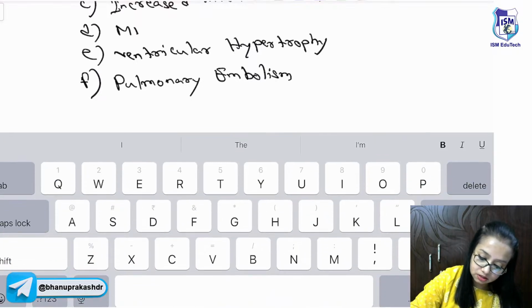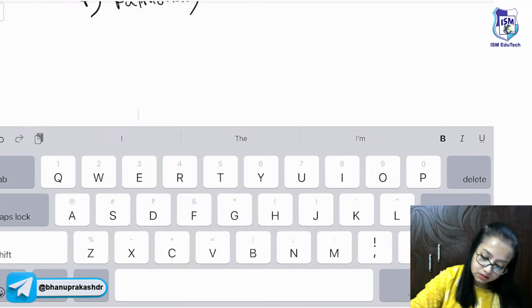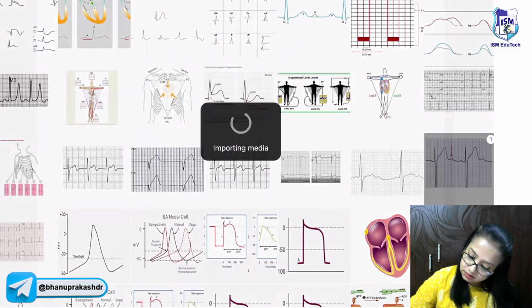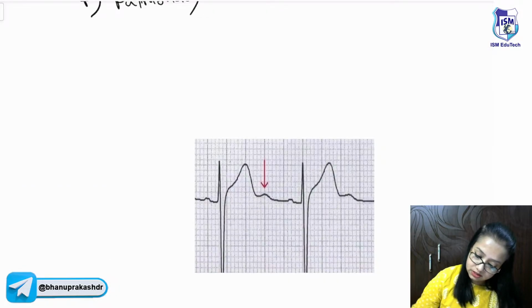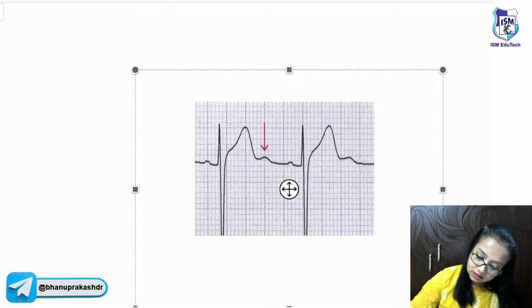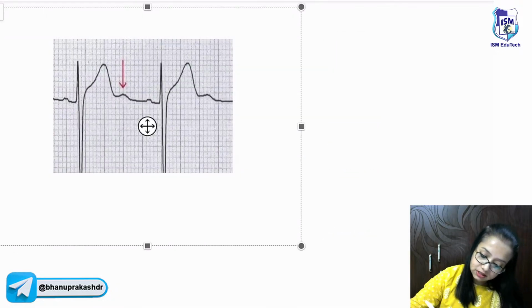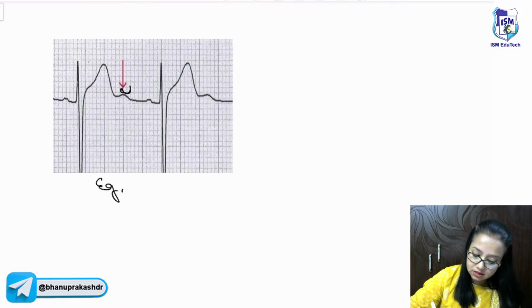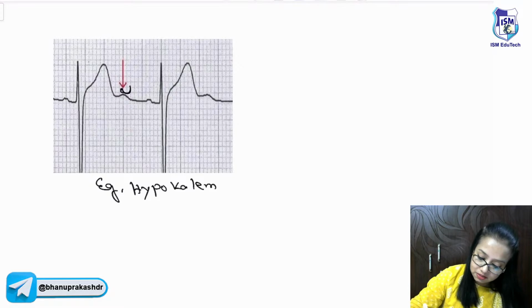One example of this U wave is this. So, this is a condition where you can see a prominent U wave. Example, hypokalemia.